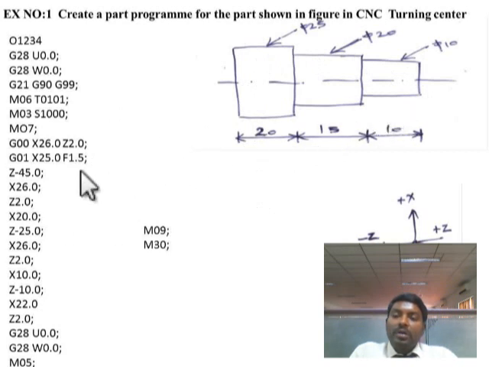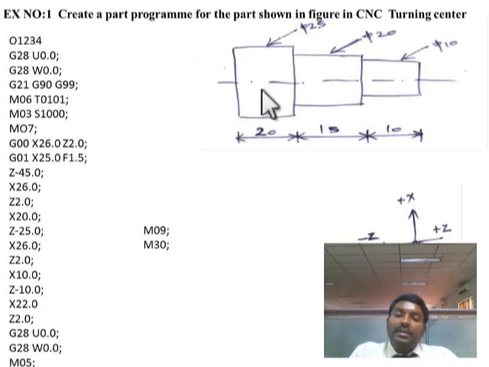So now the tool is in a reference point. Initially it was in a reference point. Now the tool should be brought to the point which is nearer to the workpiece. X26 and Z2. So I have taken a point which is nearer to the workpiece as X26 and Z2.